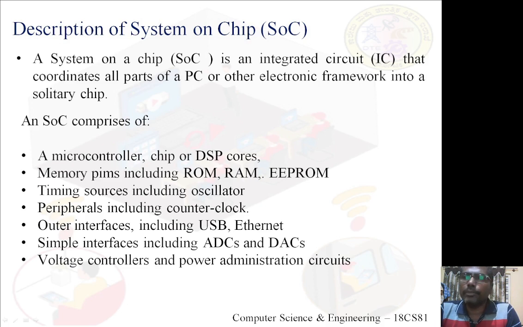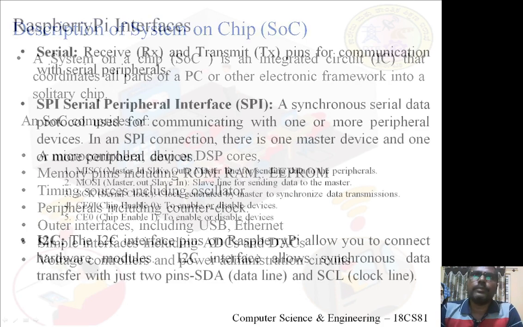It has peripherals like counter clock. It has interfaces to the outside world, that is USB or Ethernet port. It has some simple interfaces like ADC, analog to digital converter, and DAC, digital to analog converter. It has voltage controllers and power administration circuits.